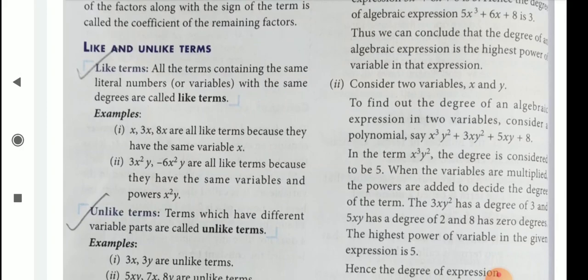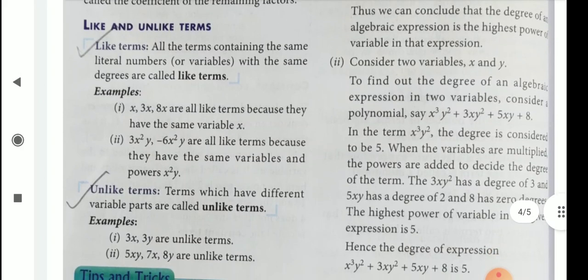According to the rule, when the variables are multiplied, the powers are added. Here x and y are multiplied, so their powers will be added. 3 plus 2 is 5. The term 3xy square has a degree of 3 because x has degree 1 and y has 2, so 2 plus 1 is 3. 5xy has a degree of 2.